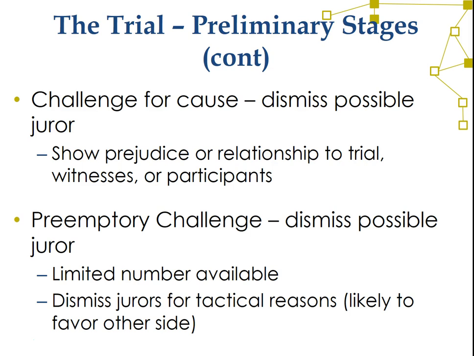So the attorneys will ask the judge to dismiss anyone whose answers during their voir dire indicate that he or she will not decide the case solely on the facts introduced at trial and the law as stated in the jury instructions. And this request is called a challenge for cause and may be used as often as believed necessary.